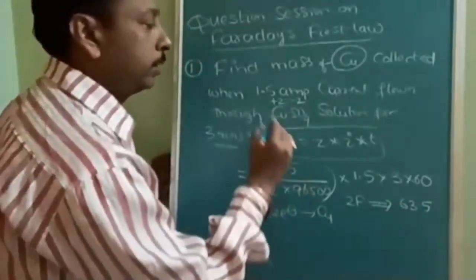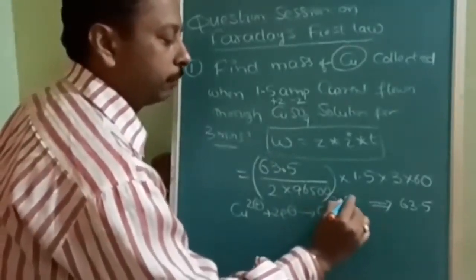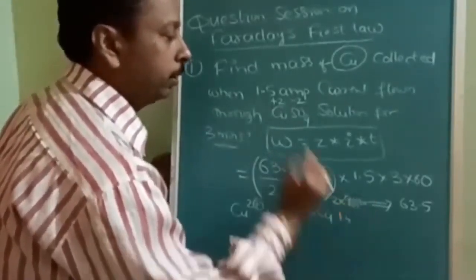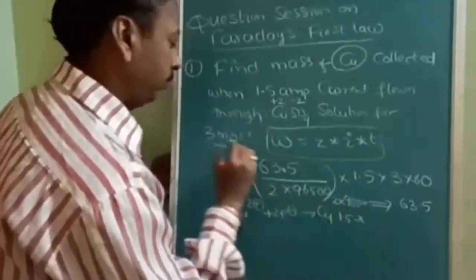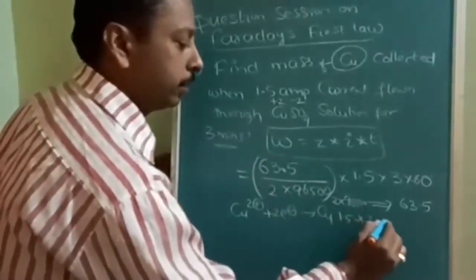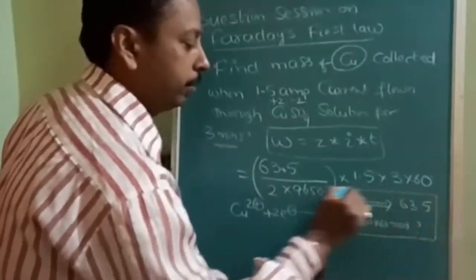And how much charge is it? 2 Faraday means 2 into 96500. Okay, and here the charge is 1.5 into 3 minutes into 60. So this will be how much? So there is no formula, simple unitary method.